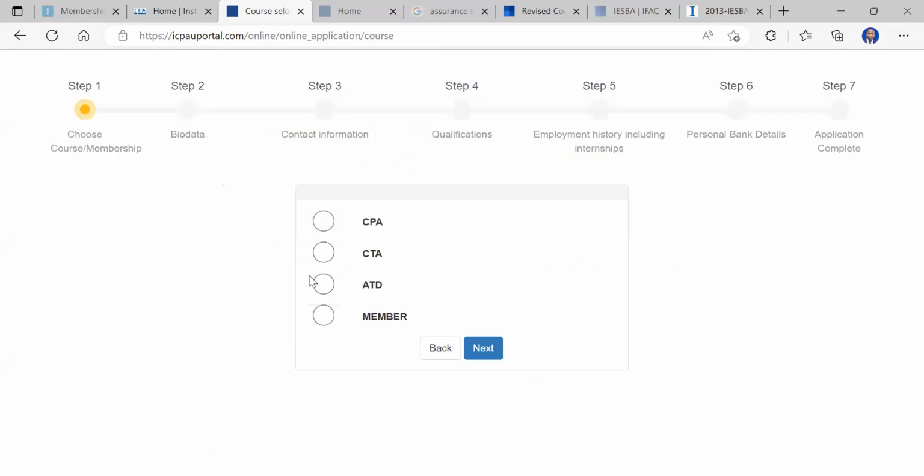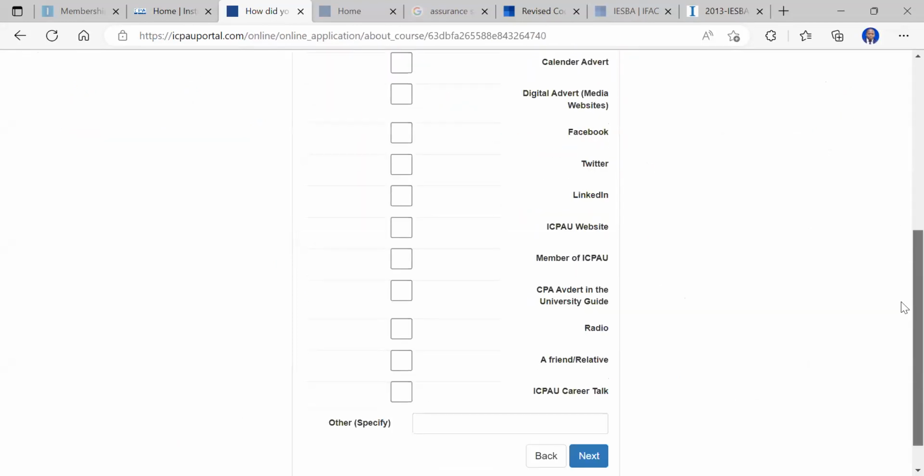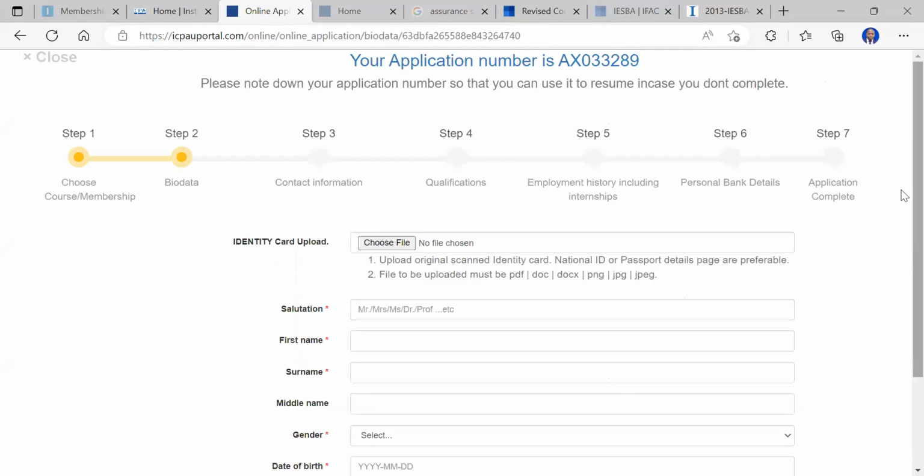When you're done with registering for CPA, it is also very imperative that you go ahead to basically make payments and register for exams. Registration for CPA as a student is different from registration for exams.